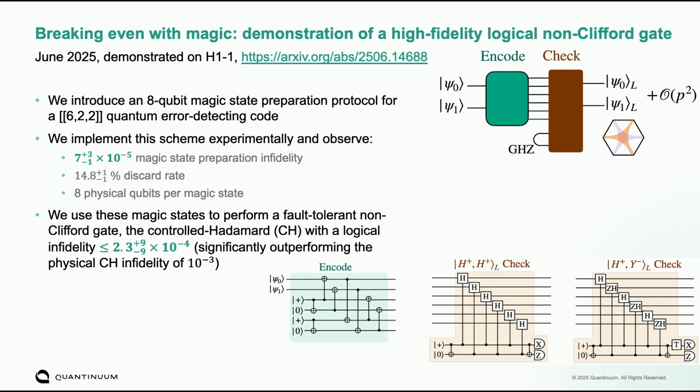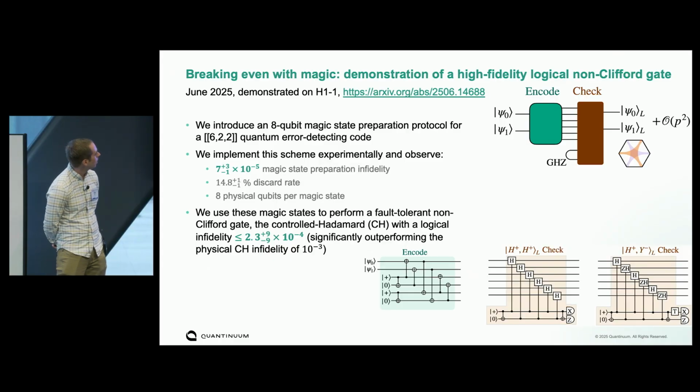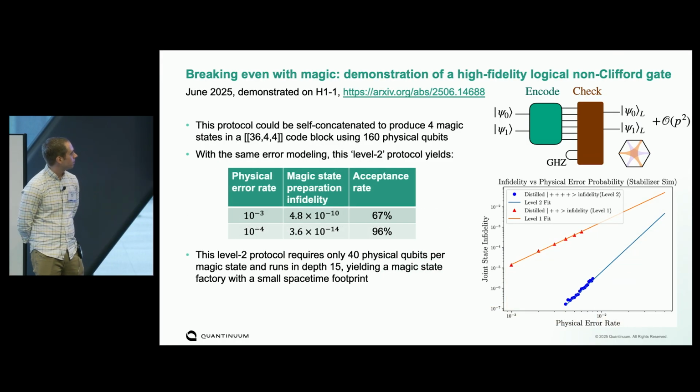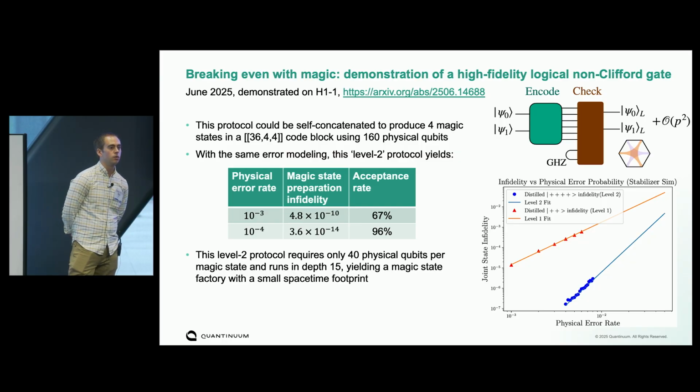And so if we call this procedure level 1, then we can define some level 2 protocol, which is just the self-concatenation of that level 1 protocol, which would then produce 4 magic states in a 36-4-4 code block and use 160 physical qubits. We didn't have 160 physical qubits, so we had to rely on simulations.